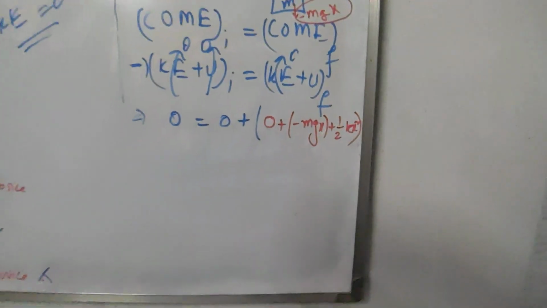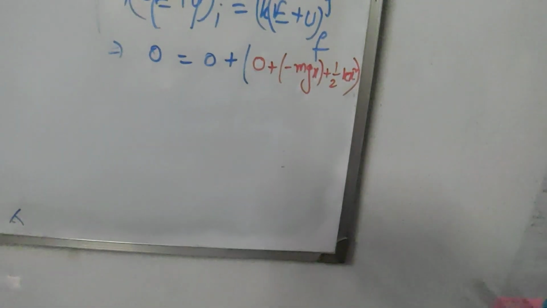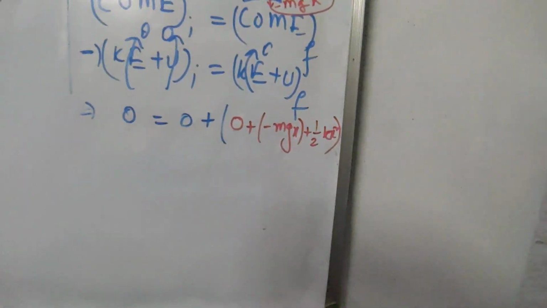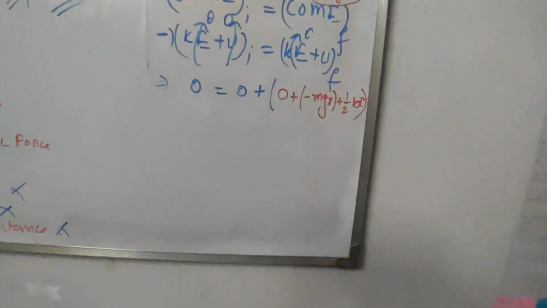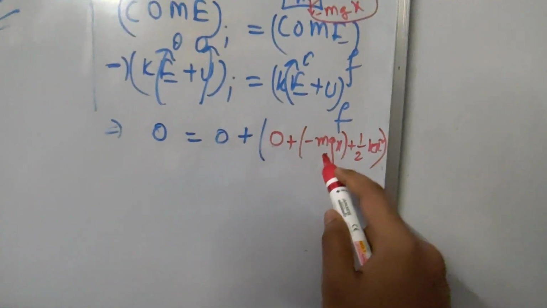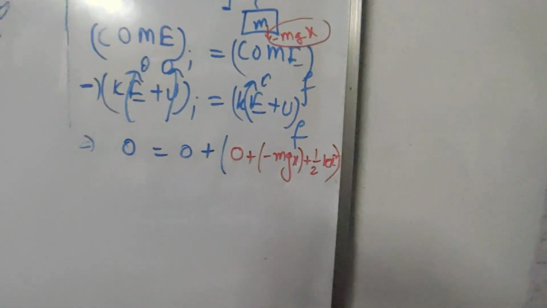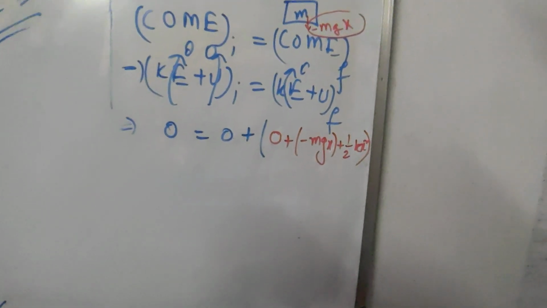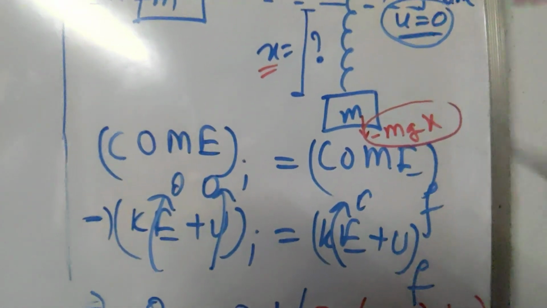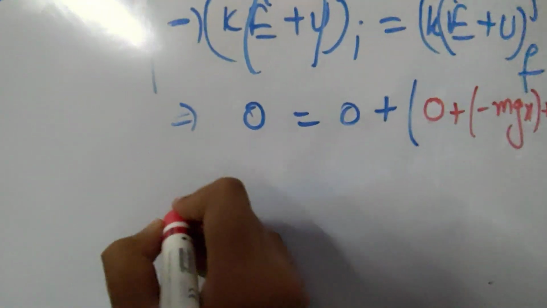You have to learn all these: why the work done by the spring force is half kx square, why the work done by gravitation is mgh, and why the value will be minus, because the displacement is towards the negative. If the displacement is toward the positive, on the upward side, then the work done by gravitation will be mgx.